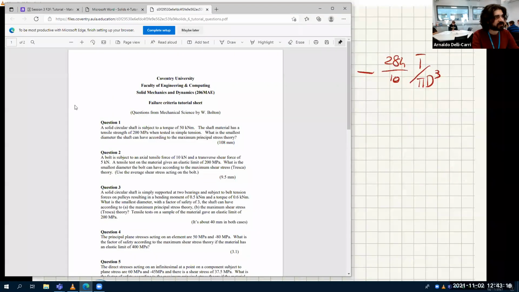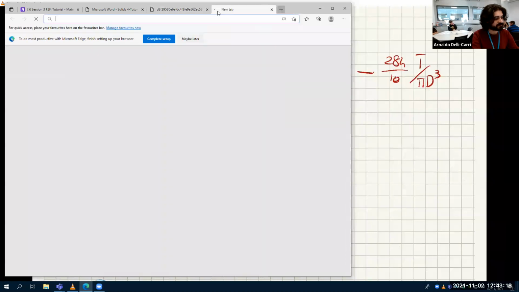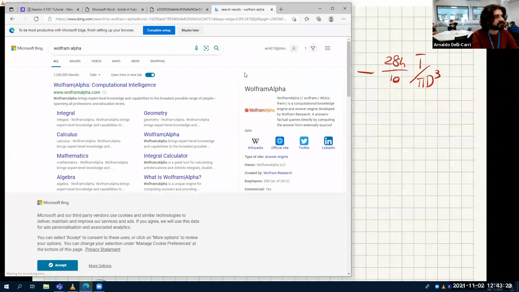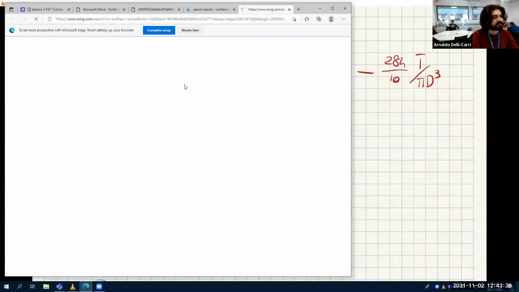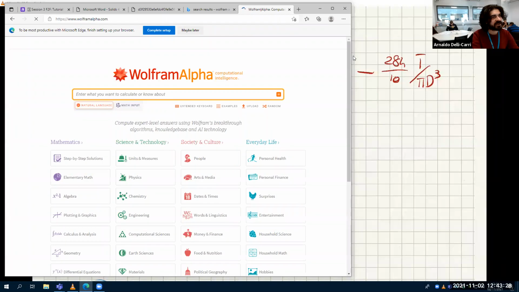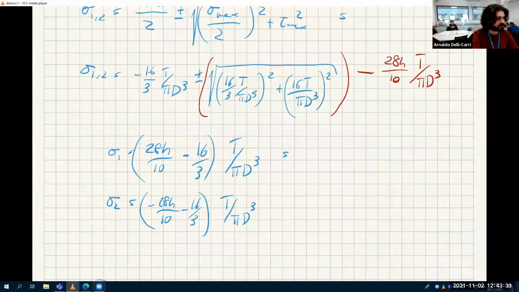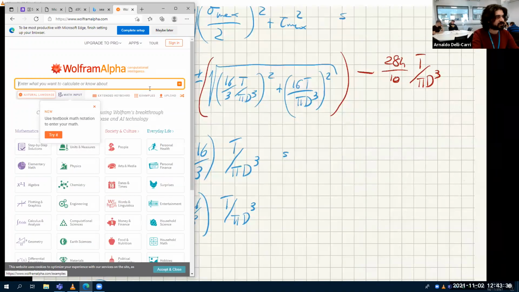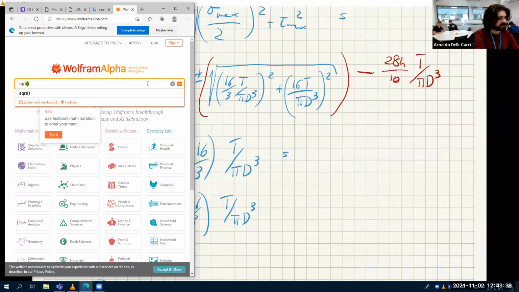So let's ask Wolfram Alpha. Say again, how much is that? So I want the square root of 16 divided by 3 squared plus 16 squared.